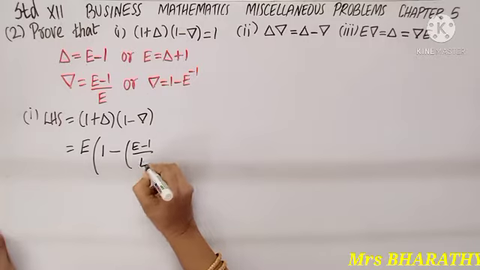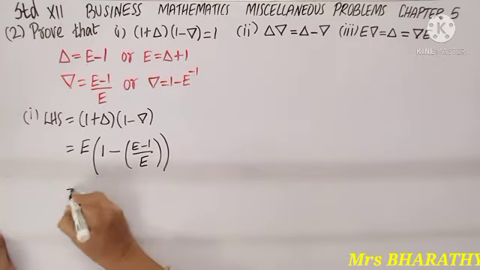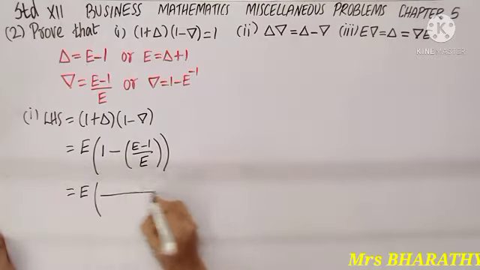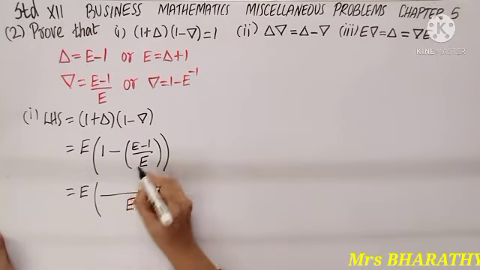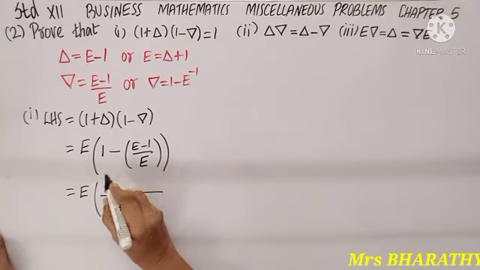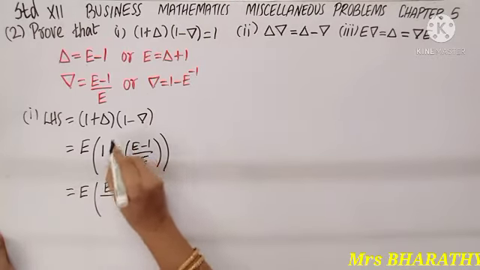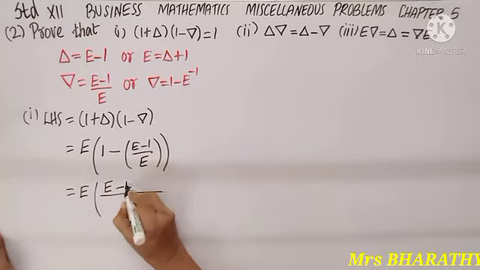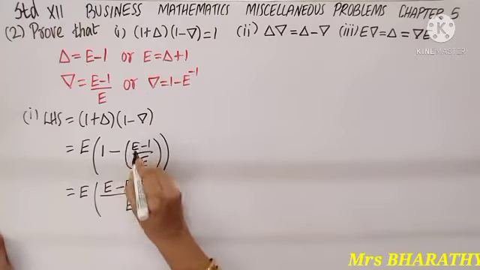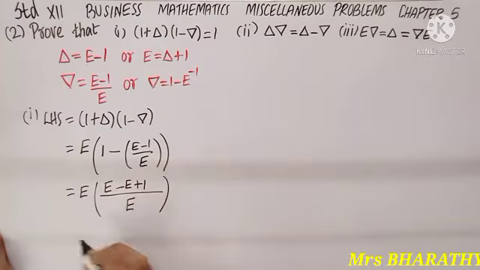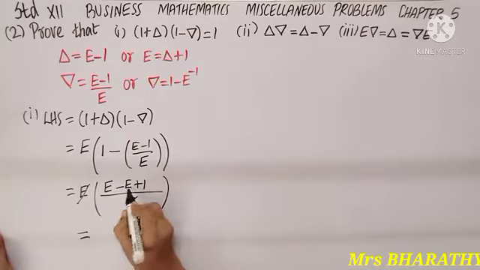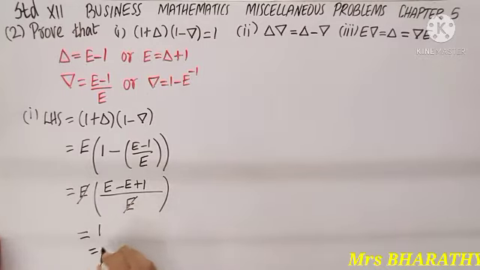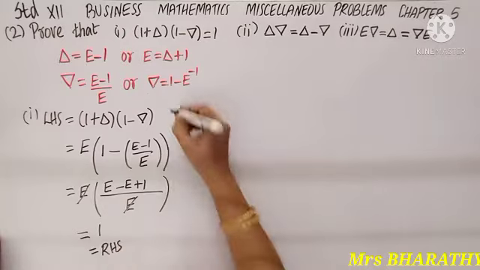E minus 1 by E. That is E into, taking LCM, that is E, cross multiply E. There is a minus symbol, take it in. Minus E, minus of minus is plus 1. Minus E plus 1. Cancelling E and E. E minus E also cancels. We just get 1, which is nothing but RHS.